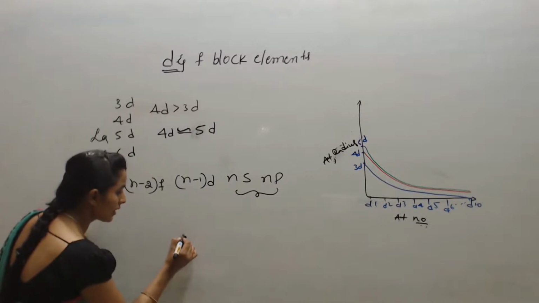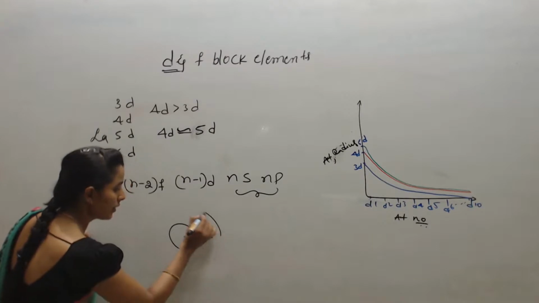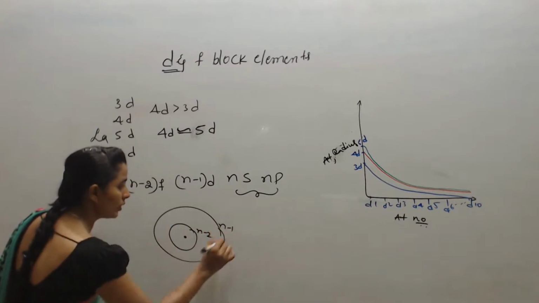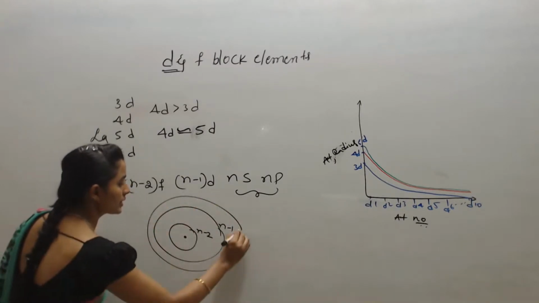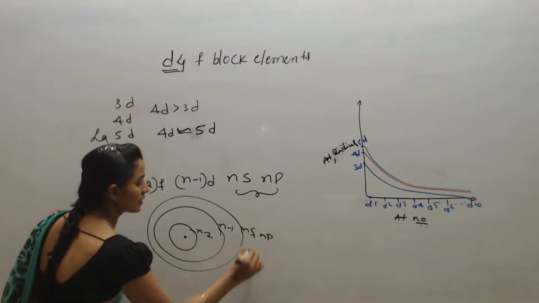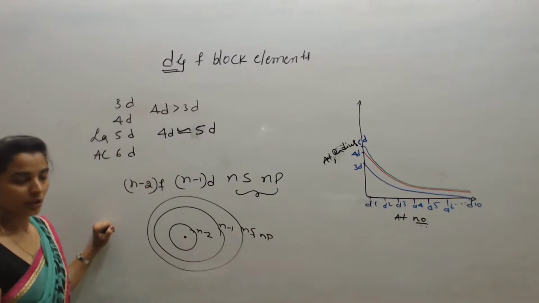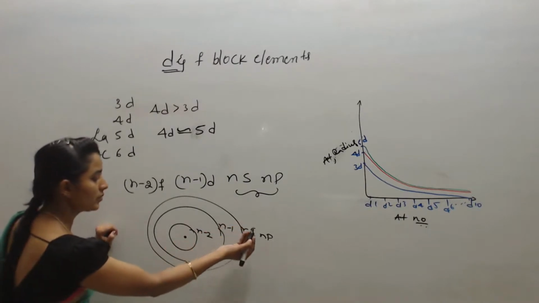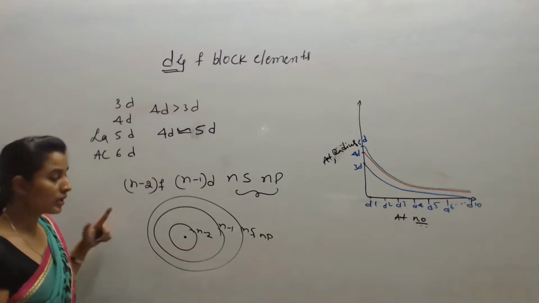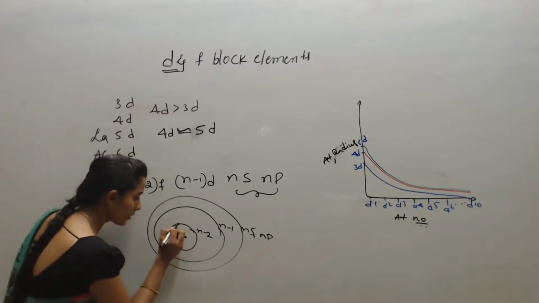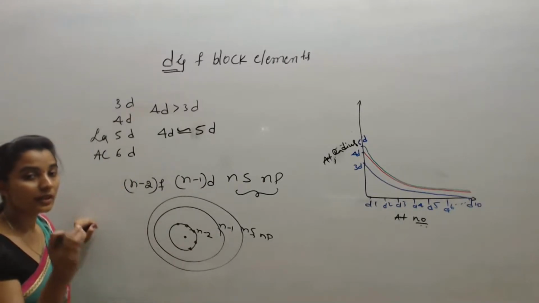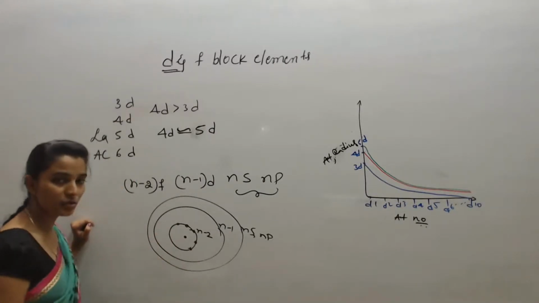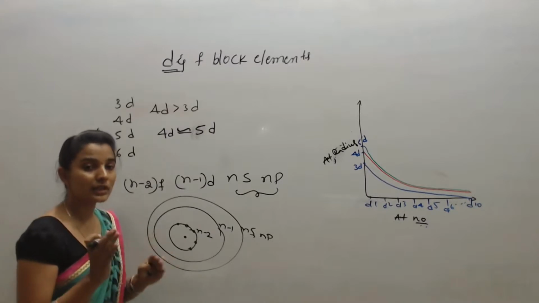Here, if the nucleus is there, the n minus 2 subshell comes first, next n minus 1 d subshell, next ns and np shells. If the number of electrons entering into this f subshell increases, that results in increasing effective nuclear charge, the core shielding effect.